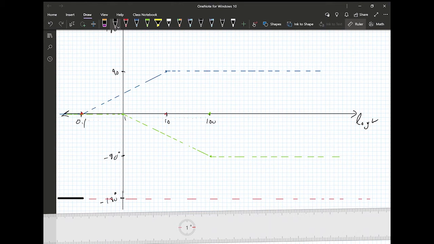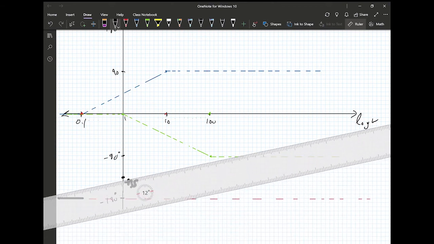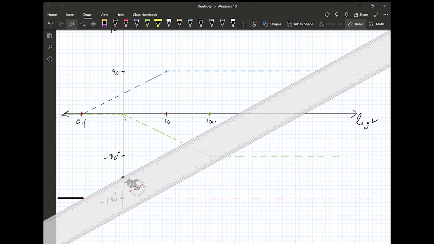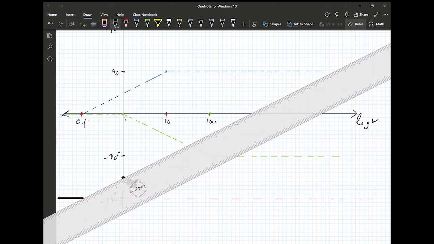So this is 1, 2, 3, 4, 5. This is minus 135. Let me write it. Okay, and this will be like this. So that's the slope of the 0.